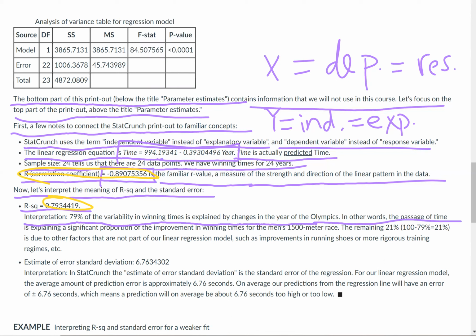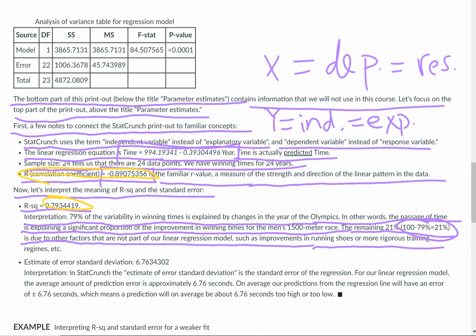In other words, the passage of time is explaining a significant proportion of the improvement in winning times for the men's 1500-meter race. The remaining 21%, which is 100% minus 79%, is due to other factors not part of our linear regression model, such as improvements in running shoes or more rigorous training regimens, etc.